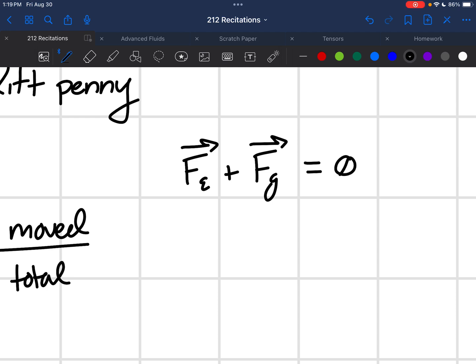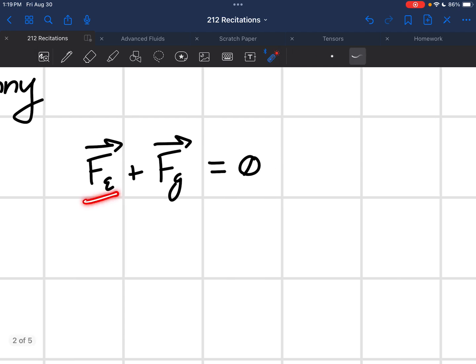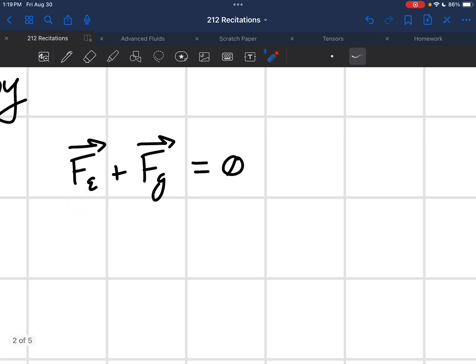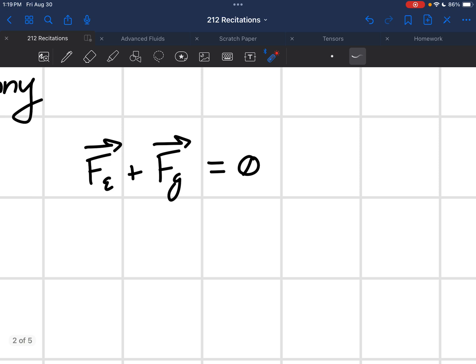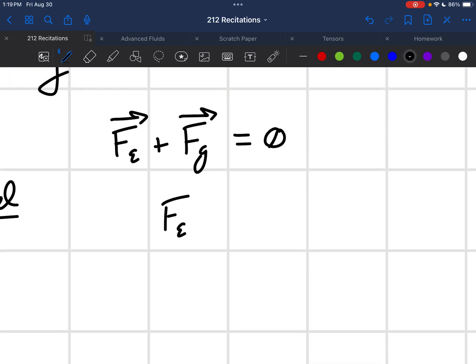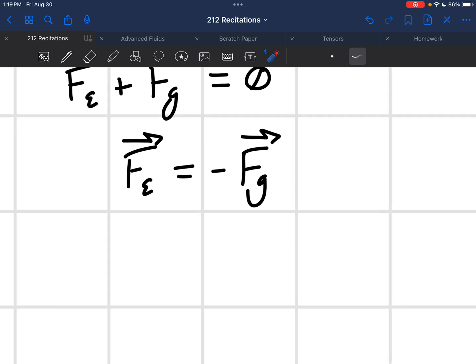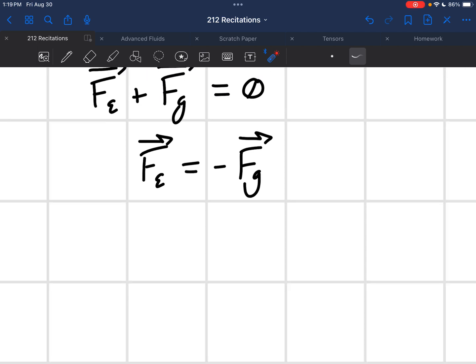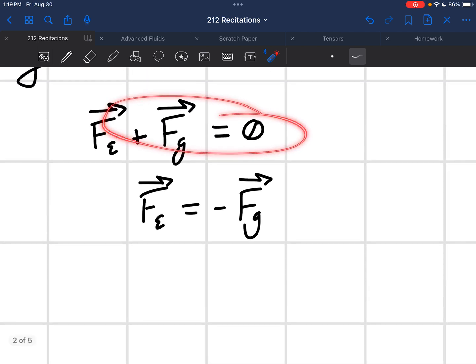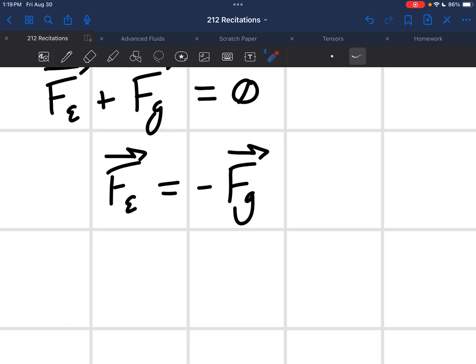It's not accelerating, but it's about to be accelerating upwards. Any more than this, if this was any greater, then it would be some positive acceleration. So if I rearrange this, Fe equals negative Fg. Notice that I'm keeping my vector notation because I haven't thought about what direction either of them are going, but I just know if the thing is in equilibrium, then it's about to be lifted up.